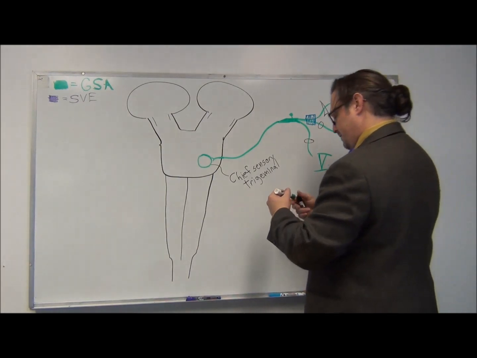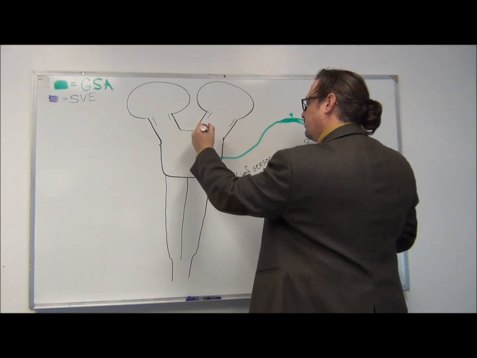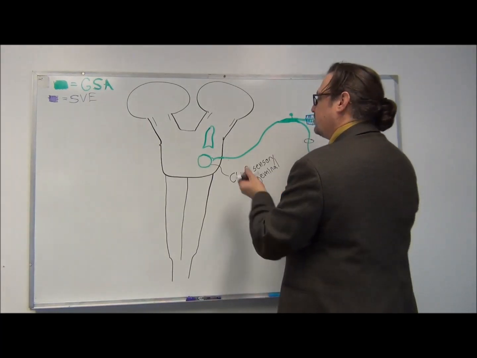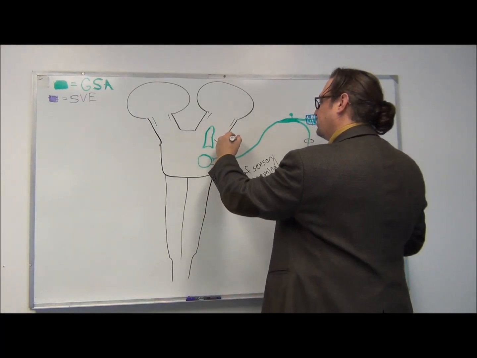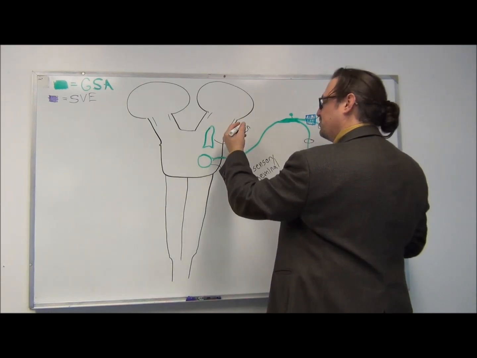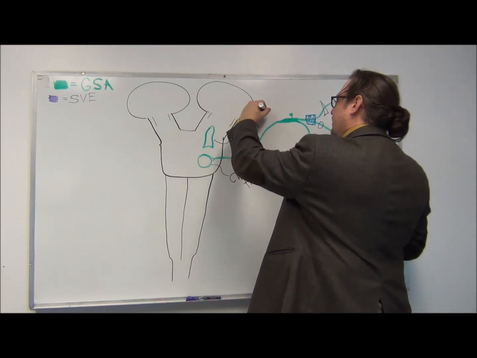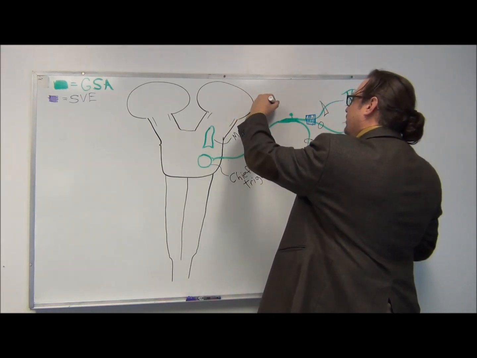In addition to that, there's a mesencephalic trigeminal nucleus. This is where proprioceptive inputs go. So mesencephalon, in other words, midbrain, and that's where that nucleus is.